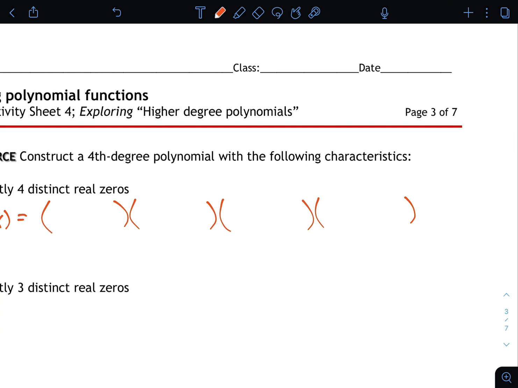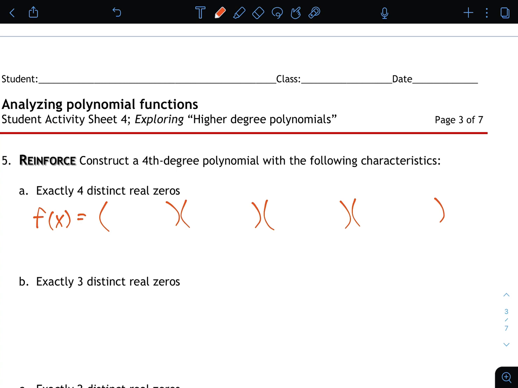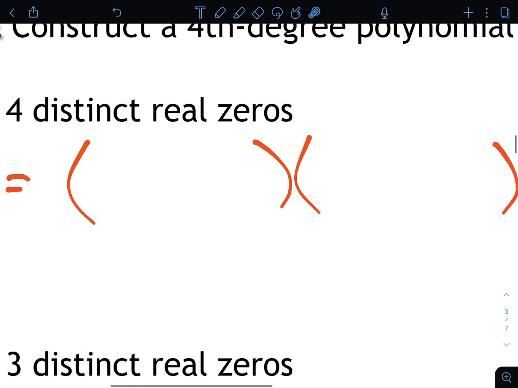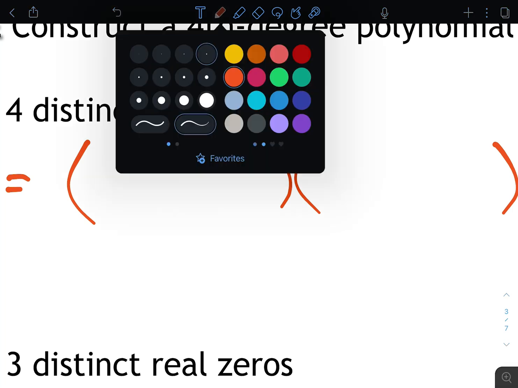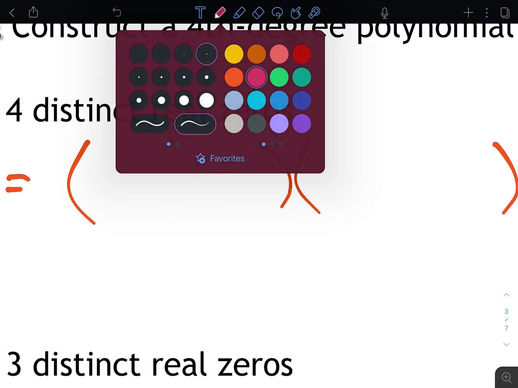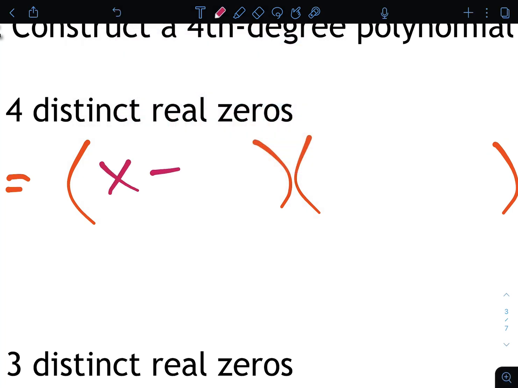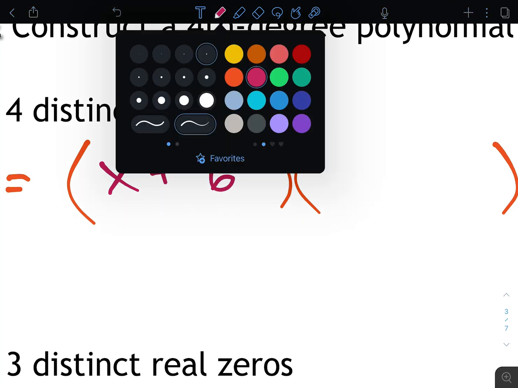All right, so exactly 4 distinct real zeros. I know that each of these 4 groups needs to be unique. So I might do x plus 6 for one group.